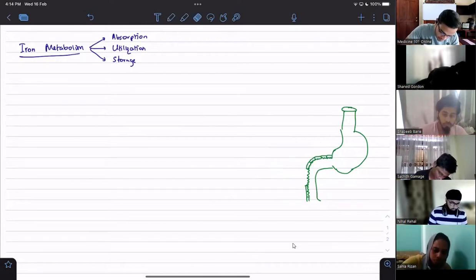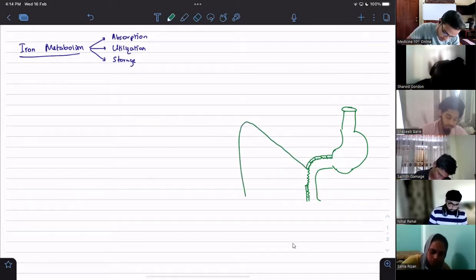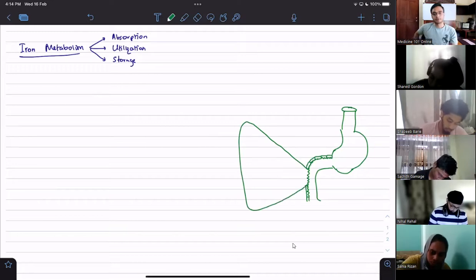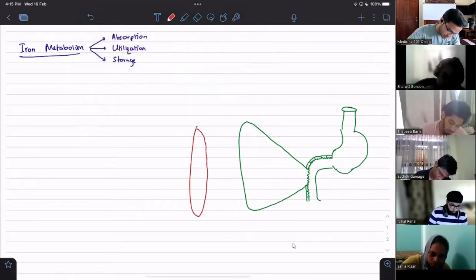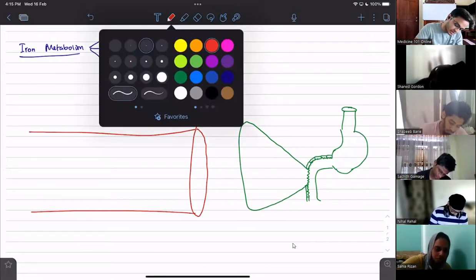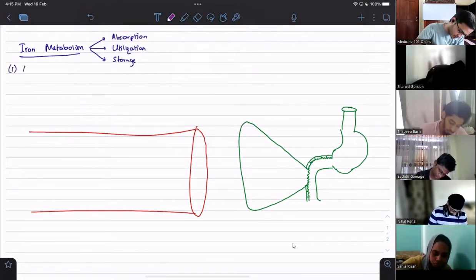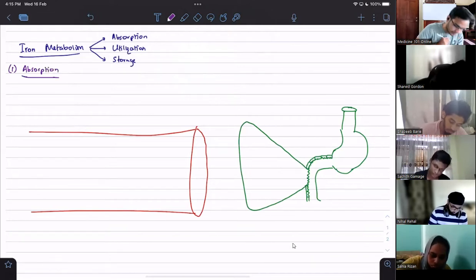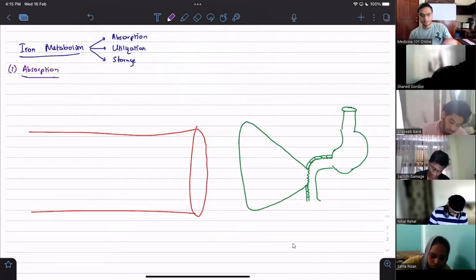Draw it a little bit bigger. There you go. And then somewhere here, just draw a blood vessel. Now we are starting off with the first phase, the absorption phase. Phase number 1.